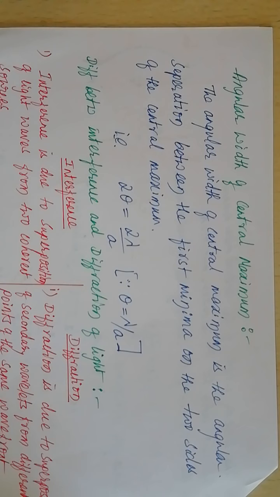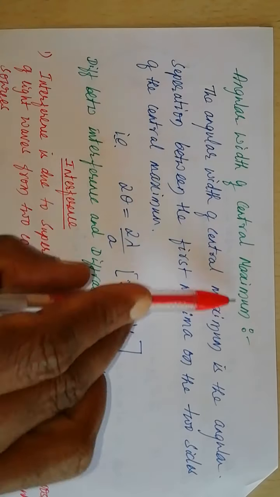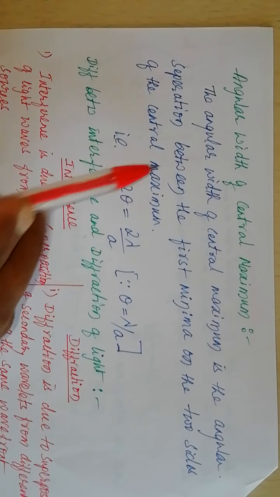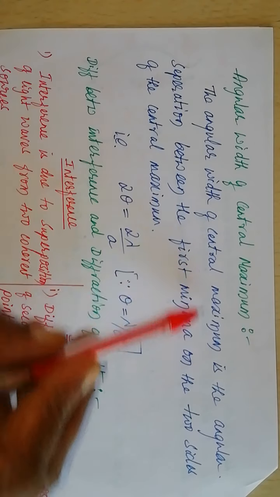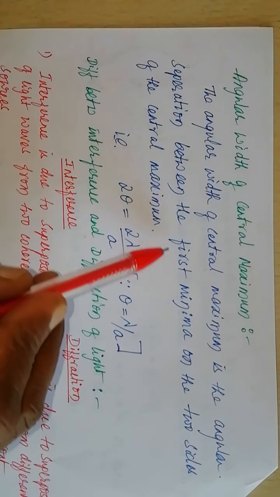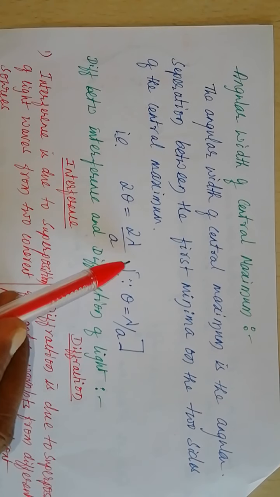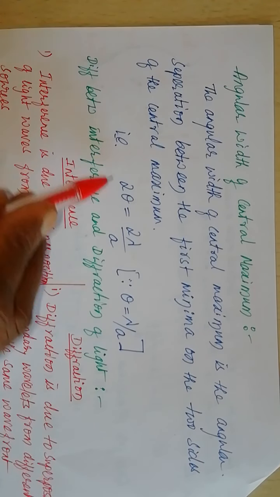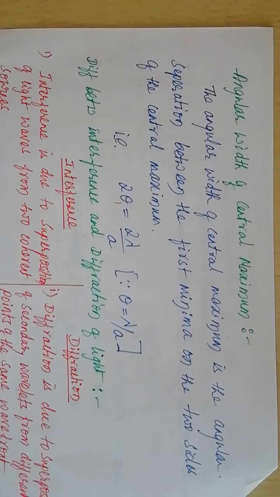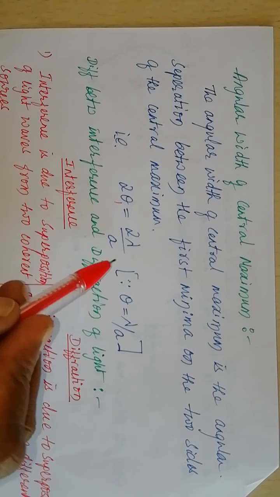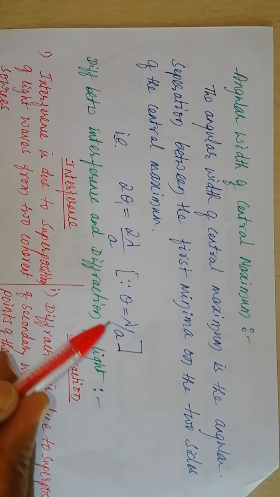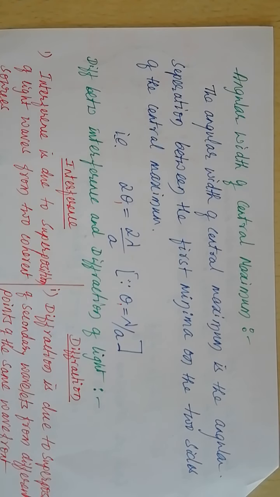Further, angular width of a central maximum. The angular width of a central maximum is the angular separation between the first minima on the two sides of the central maximum, that is 2 theta 1 equals 2 lambda by a, since theta 1 equals lambda by a.